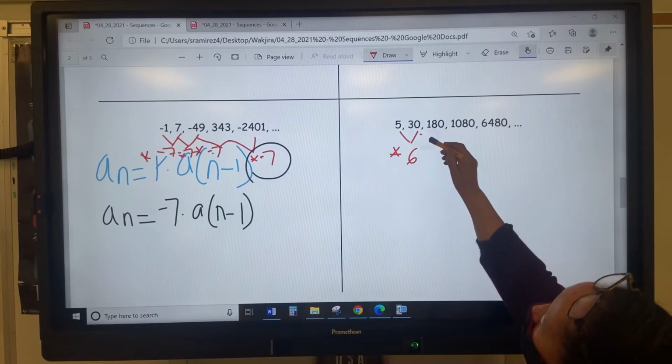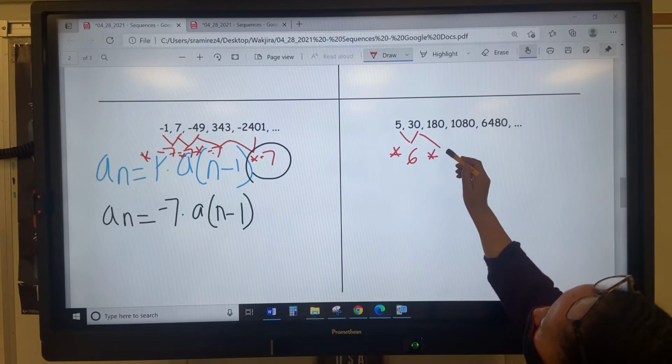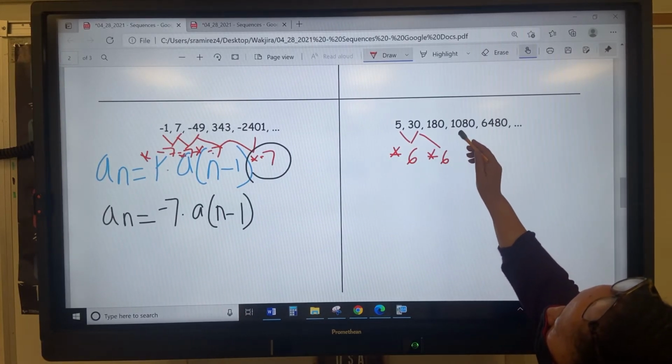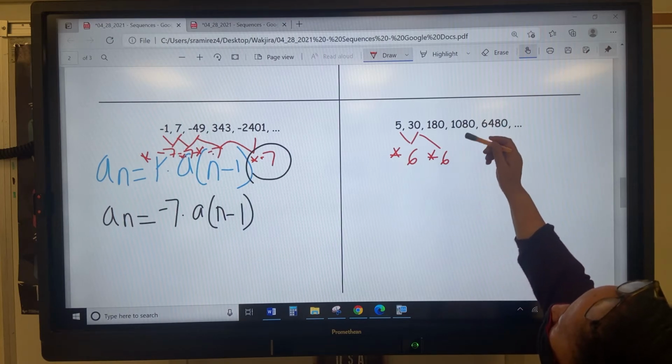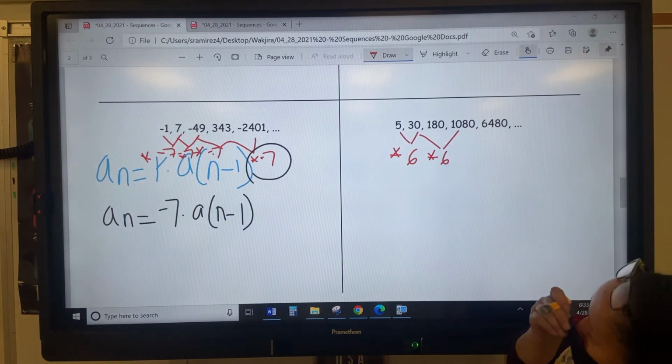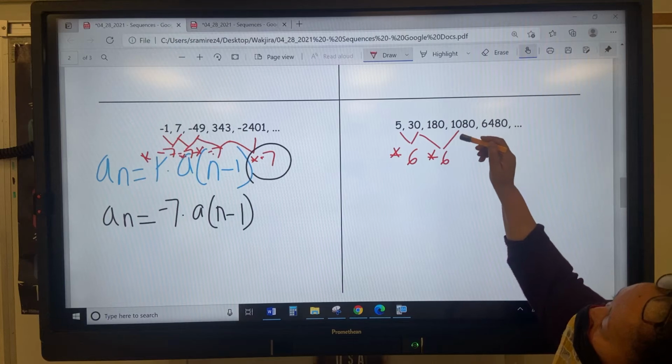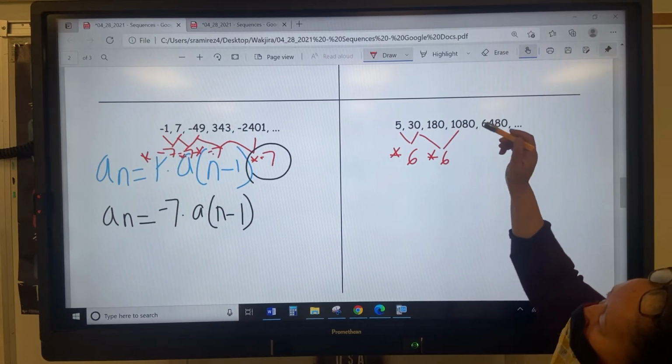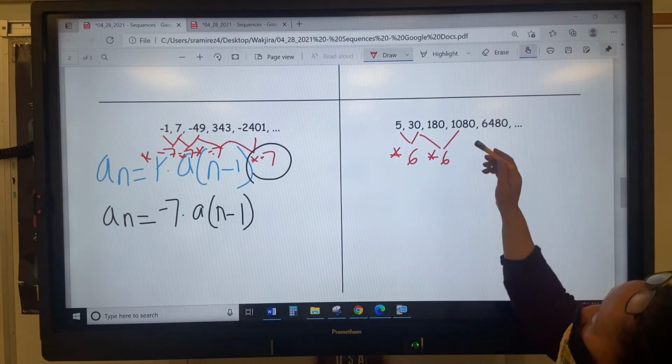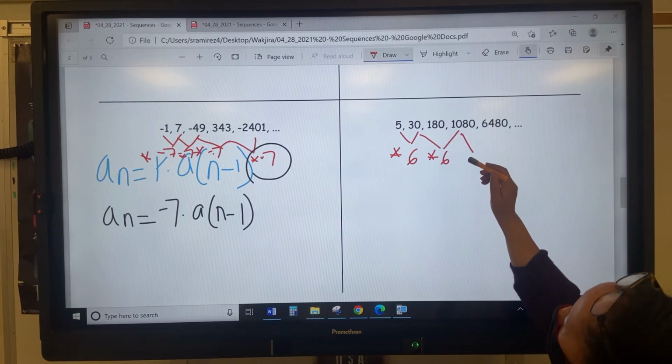In order for us to get 180, we multiply that by 6 again. Then in order for us to get 1080, we multiply 180 by 6 again.